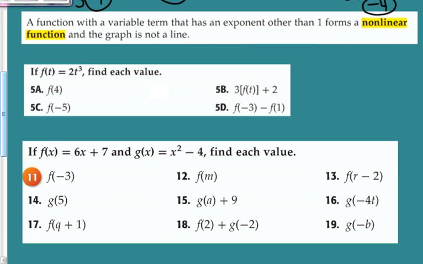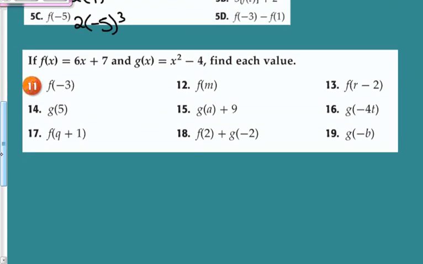So this would be solved as 2 times 4 cubed, and work that one out. Negative 5, same thing. It'd be 2 times negative 5 cubed, and we work that out. So these are different, just a different way to look at it, but with an exponent, it just means it's not going to form a straight line. Other times you're going to see it say maybe g of x instead of f of x.